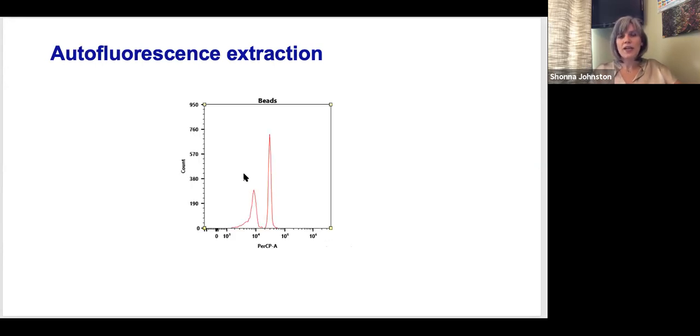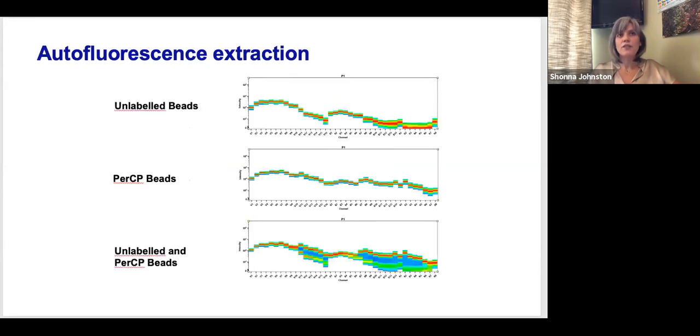Flow cytometry wise, what does that mean? If you look at some unlabeled and PerCP labeled Calibrite beads, this is the unstained ones, and these are the PerCP ones. If we have a look at the spectral profile of these, the unlabeled has its spectral profile, and the PerCP you can barely distinguish. It's a tiny little area maybe that we're getting up here.